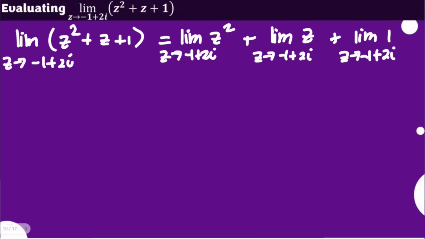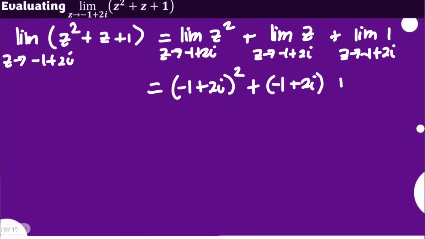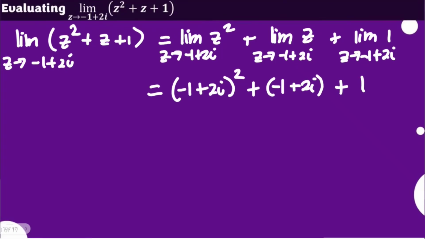So we're distributing the limit together with the limitation for your z or z sub 0. Now simply implement it term by term. So you have here negative 1 plus 2i, you're getting the square of that, plus negative 1 plus 2i. And the limit of the constant is the constant itself.